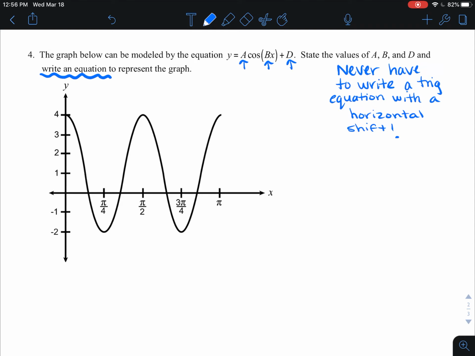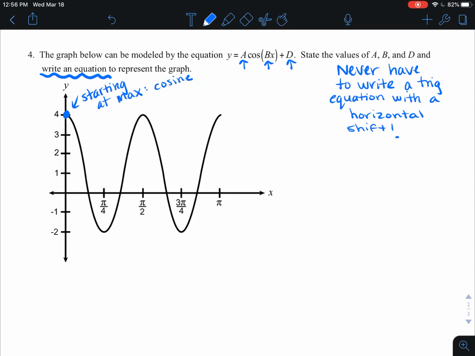Okay, so that means I can always look right to my y-axis and ask myself, is the y-intercept a maximum point for this graph, a minimum point, or a middle point? So I can see that this graph is starting at the max, which means it has to be cosine.